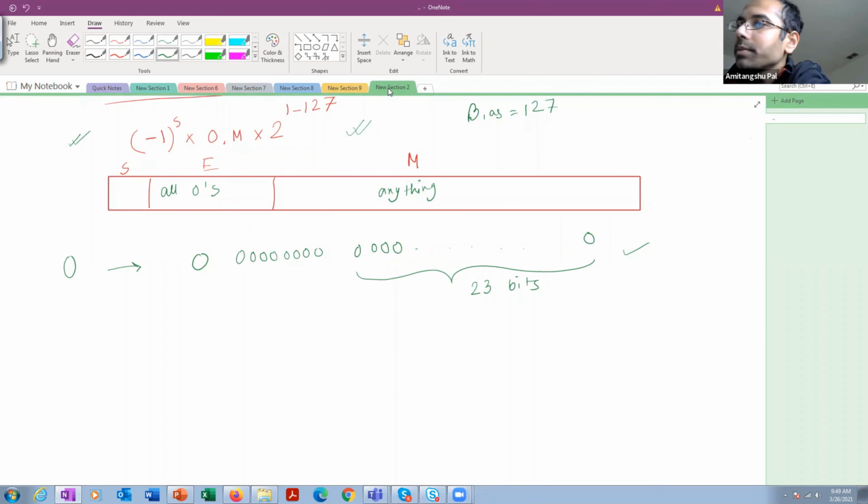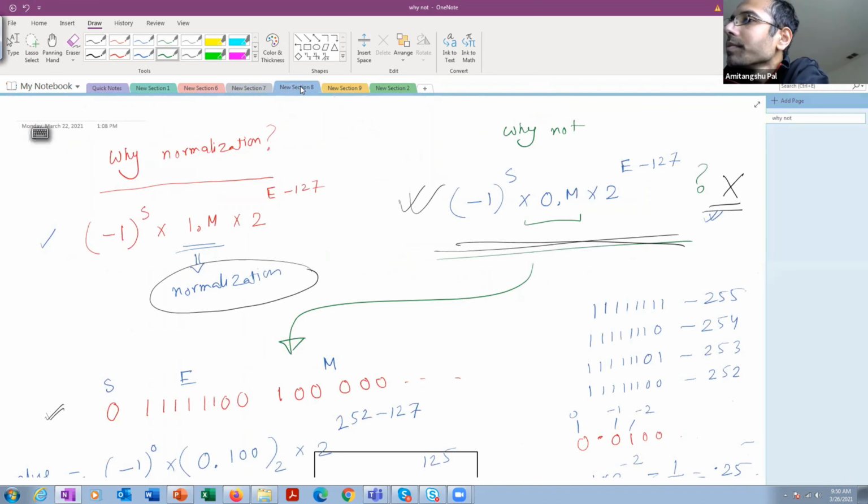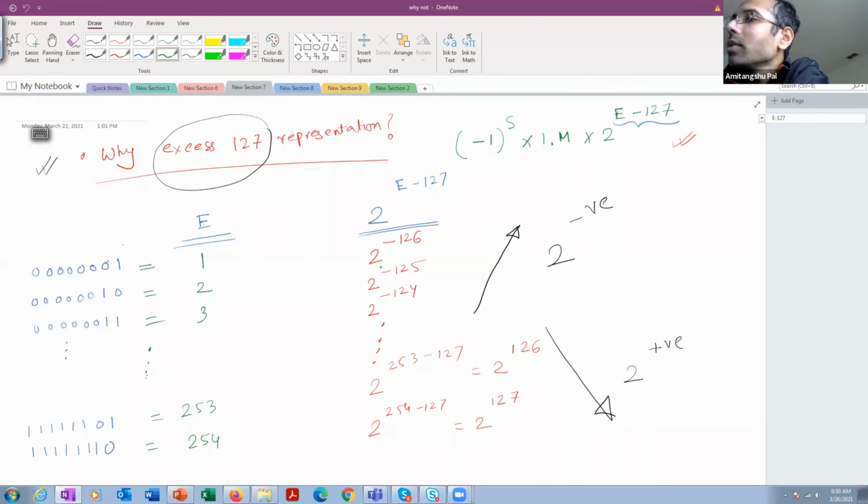So let's take a number. Suppose I want to represent 2 to the power minus 130 plus 2 to the power minus 134. I cannot represent this number using the formula of normalized values, because we have already seen that with normalized values we can only go till 2 to the minus 126.